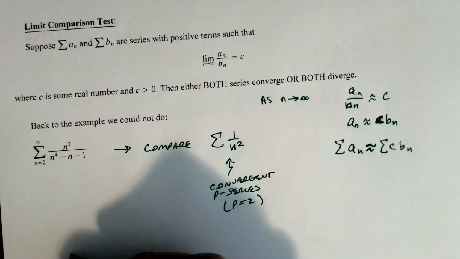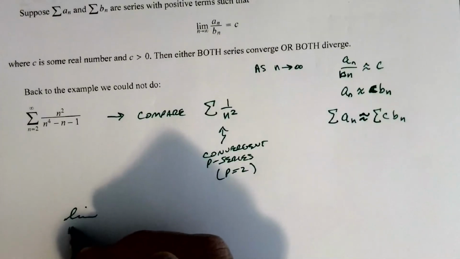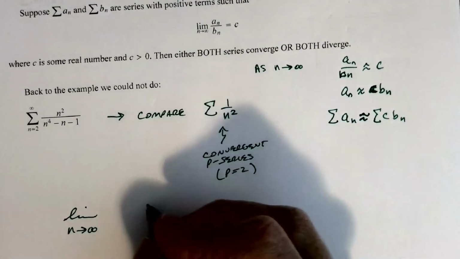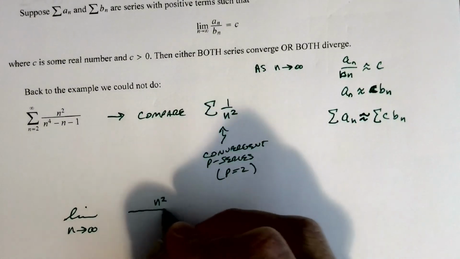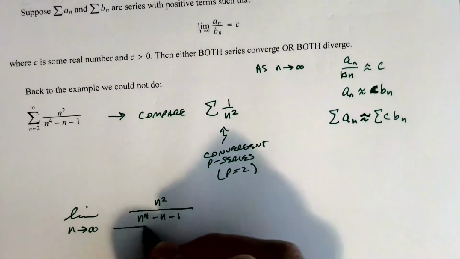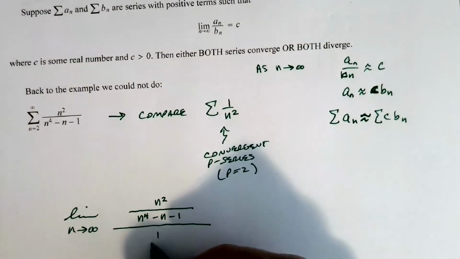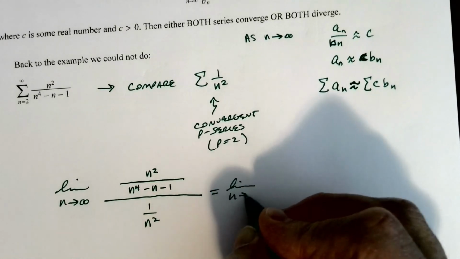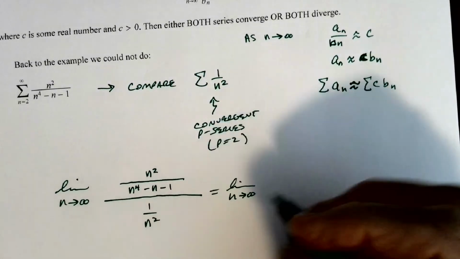But then let's take a look. What's the limit as n goes to infinity of the a sub n's, we'll let this be the a sub n's here, all divided by the b sub n's? Well, let's clean this up before we push the limit through. A fraction divided by a fraction is what?